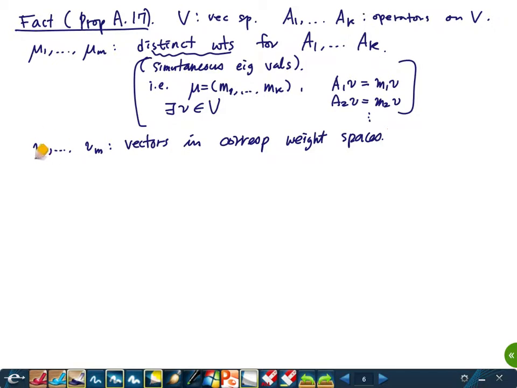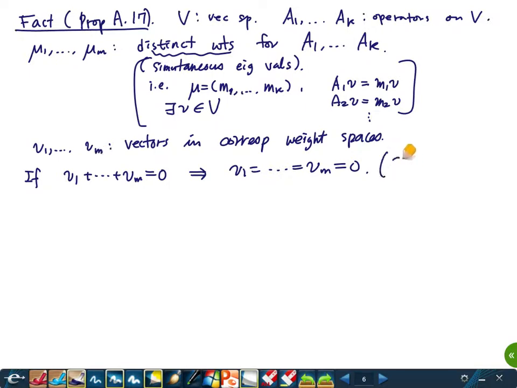So this is a weight vector corresponding to this weight. Just like this, v is a weight vector for this mu. And the statement is the following: if the sum of v1 through vm is 0, then they all have to be 0. Basically this means the weight spaces form a direct sum.